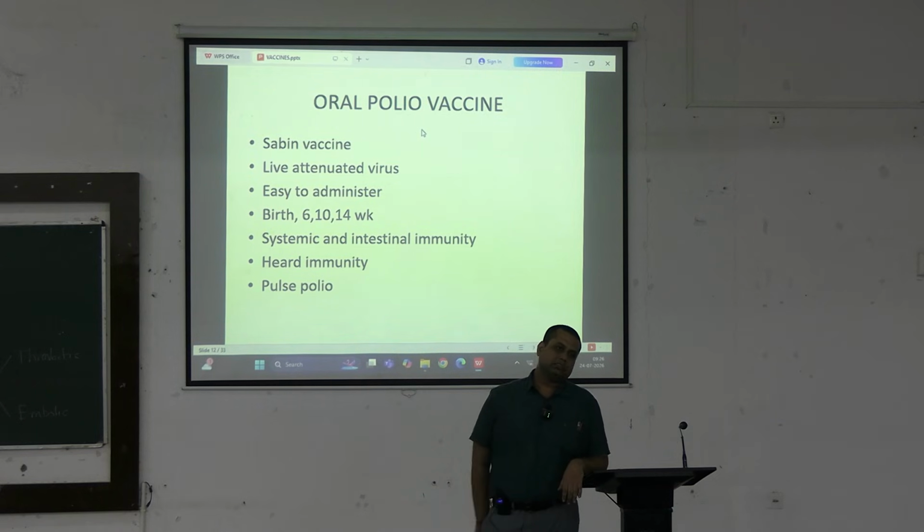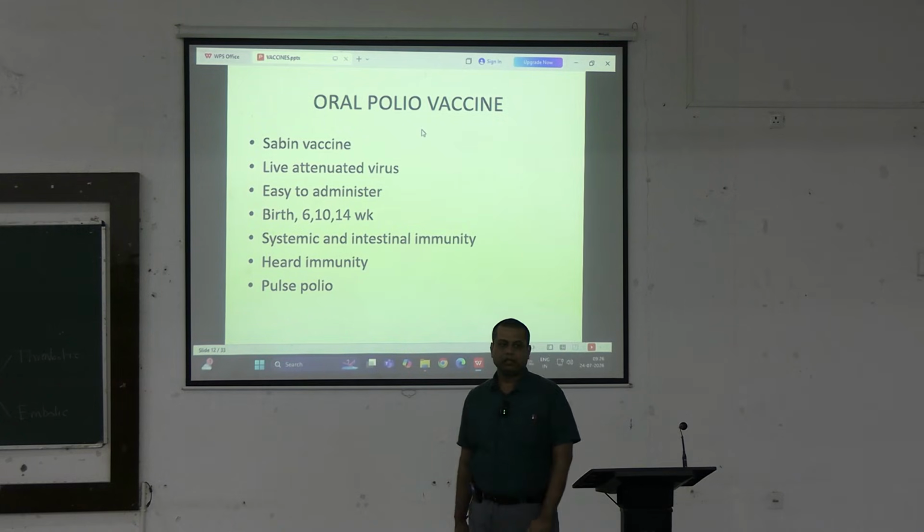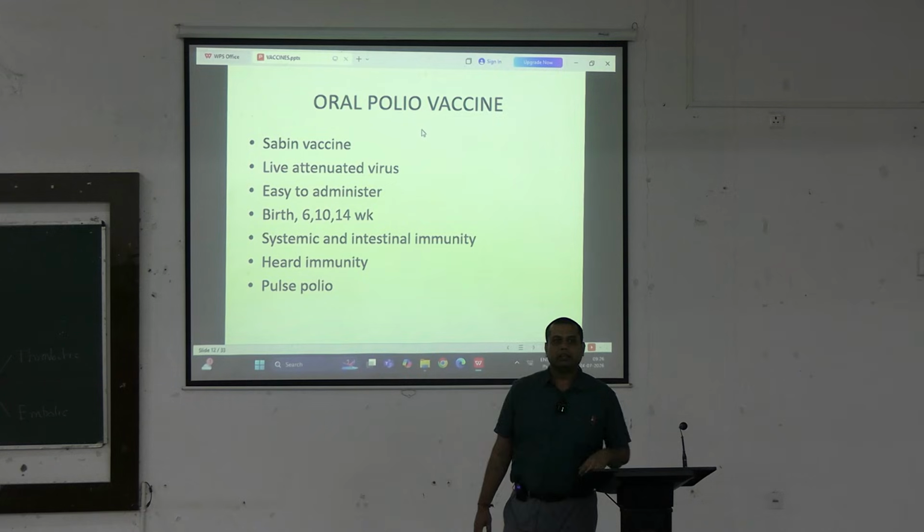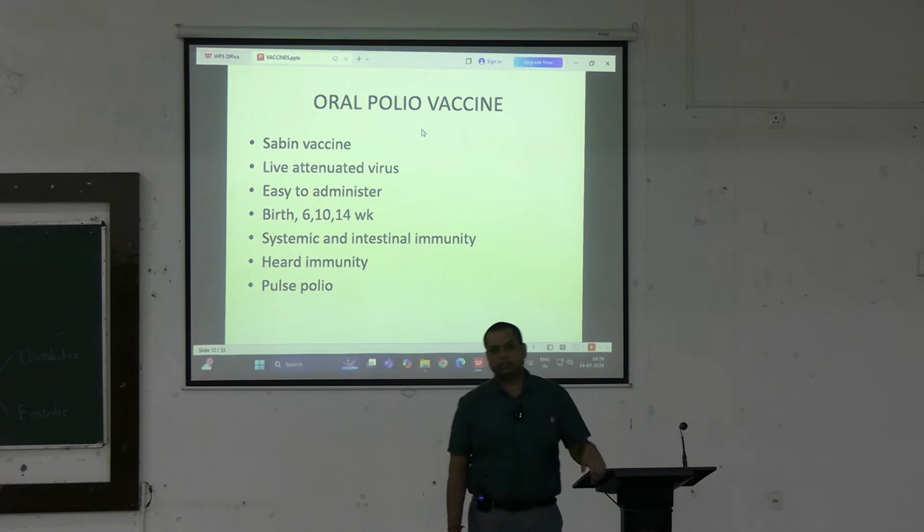So there is stimulation of gut immunity and also immunity of the body. These live attenuated viruses are also passed in the stool. There is something known as herd immunity.